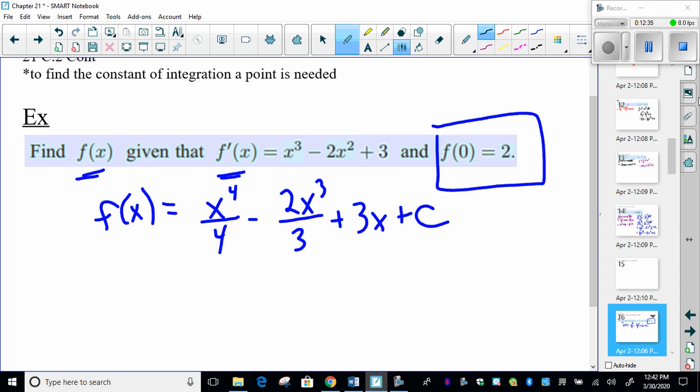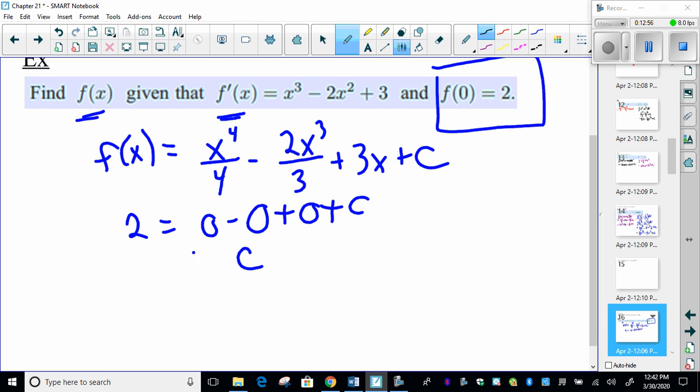So all I have to do is plug in that coordinate point. 0 is my x, 2 is my f of x, and solve and get c. So 2 equals 0 minus 0 plus 0 plus c. When you have your y-intercept, it definitely makes it a lot easier. So therefore, you know c is 2.